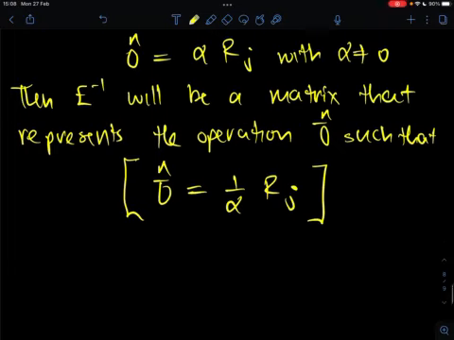So to practice it, let's look at examples. A particular example will be as follows.